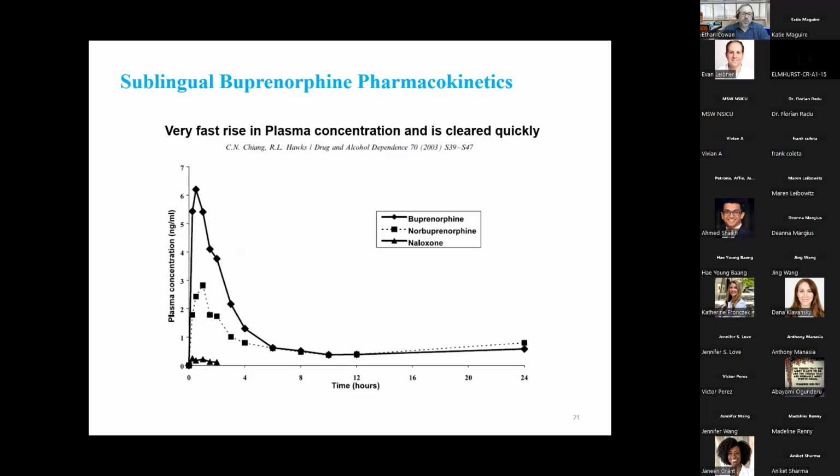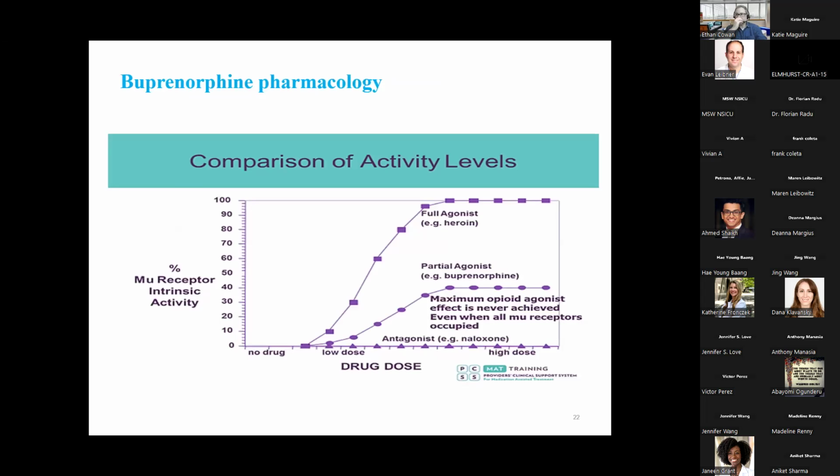Why would you get precipitated withdrawal from this agent? I try to explain that here. Buprenorphine, for those of you who don't know much about the drug, is a partial opioid agonist with a very, very high binding affinity for the opioid mu receptor.